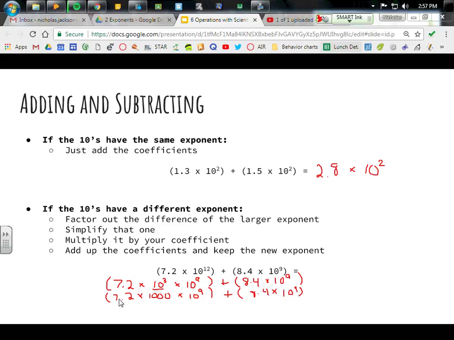Then we would multiply our coefficient by the number we just got. So that would give us 7,200 times 10 to the 9th plus 8.4 times 10 to the 9th.